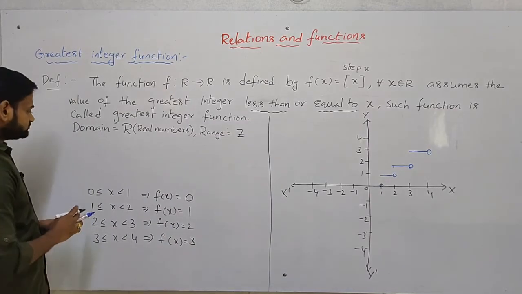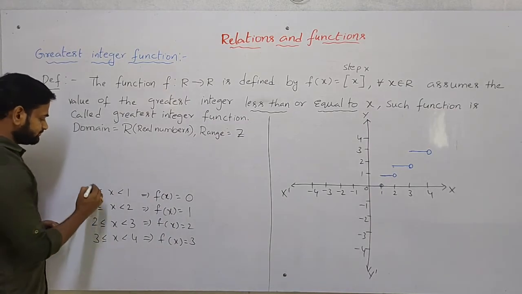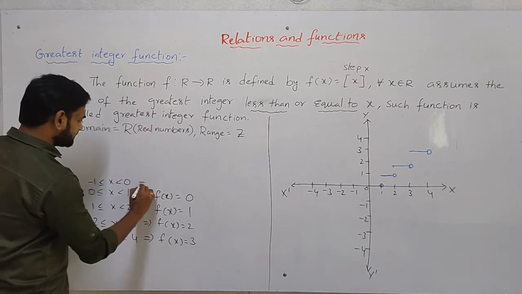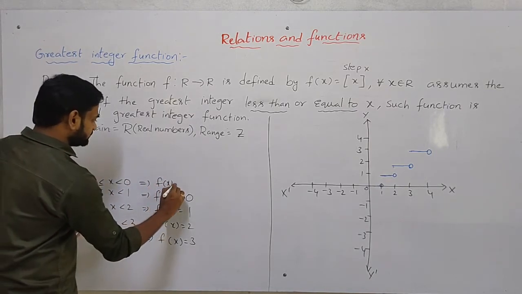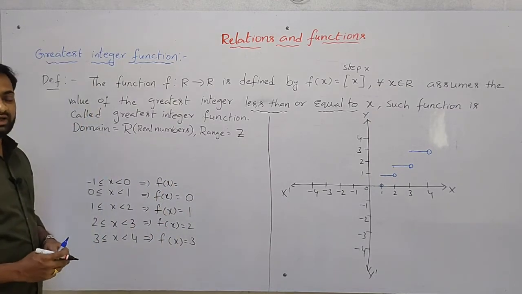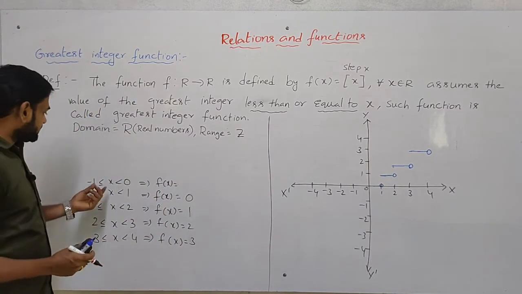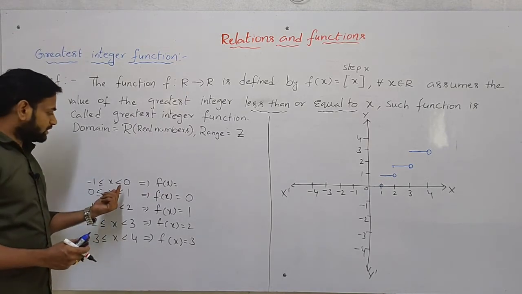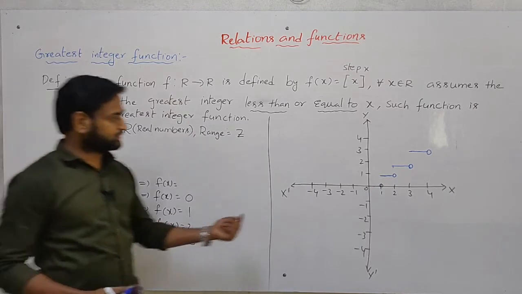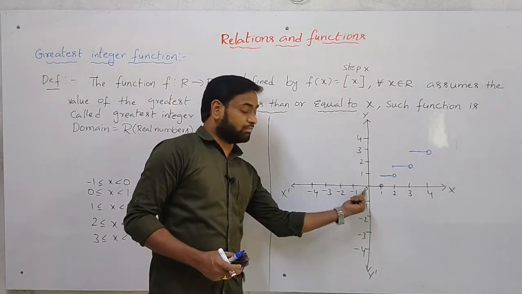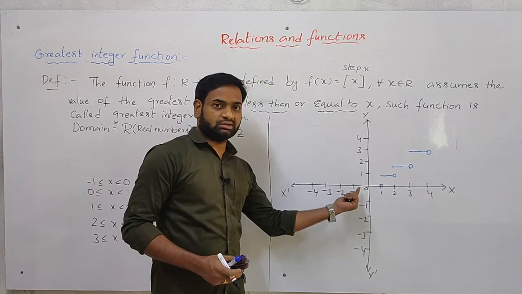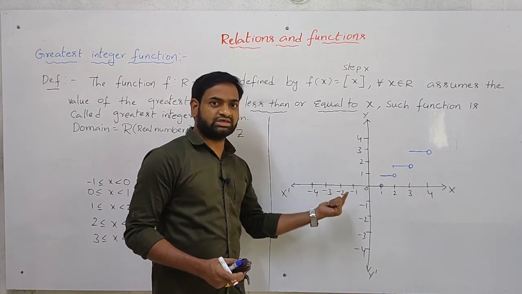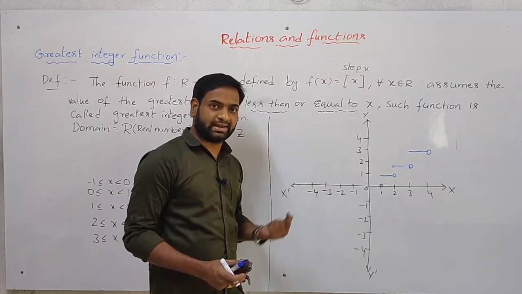Next, come to the negative side. So minus 1 less than or equal to x less than 0. Now see, which values do we have to take? X values we have to take from minus 1 to 0, on this side: minus 0.1, minus 0.2, minus 0.3, minus 0.4, and so on, up to minus 0.9.